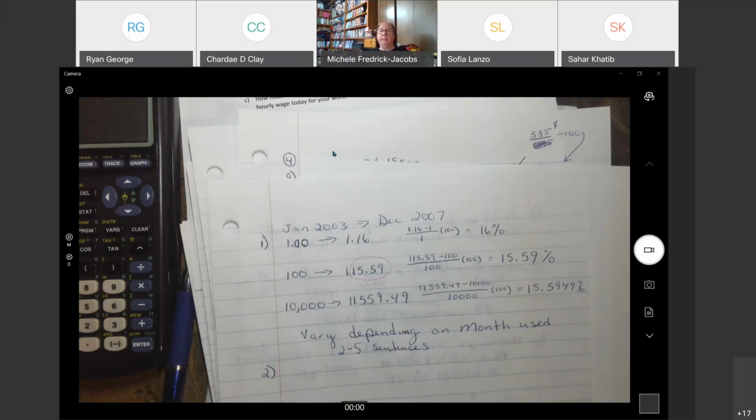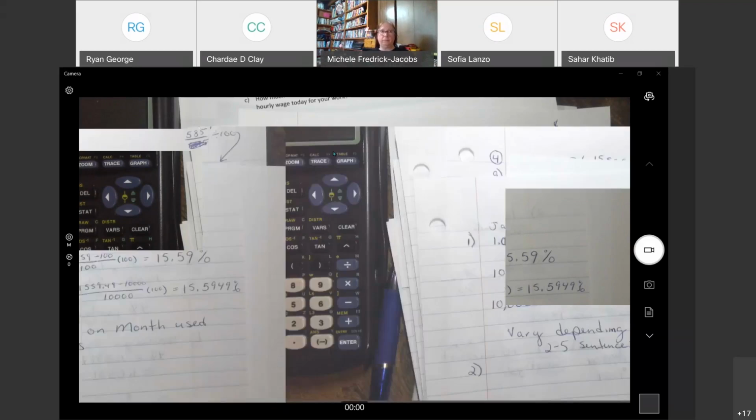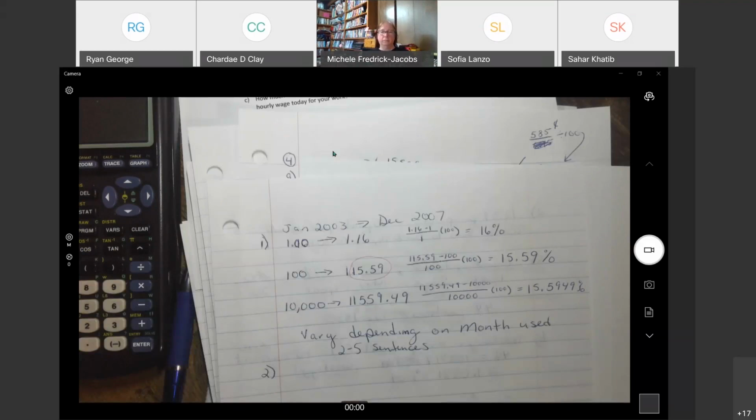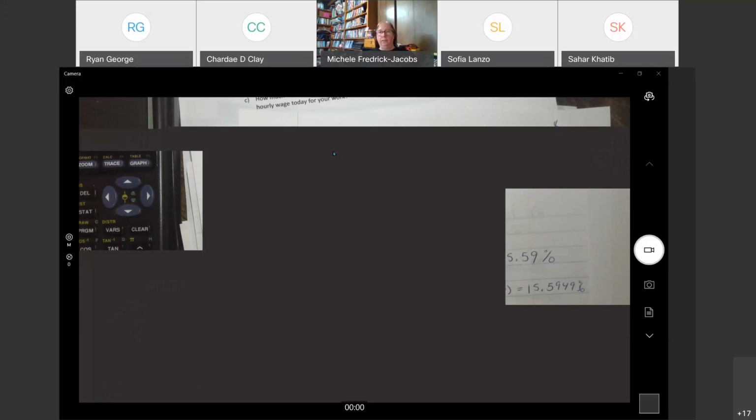So it should not take very long. If you want, before you start, have the inflation calculator and the minimum wage up. Any other questions?